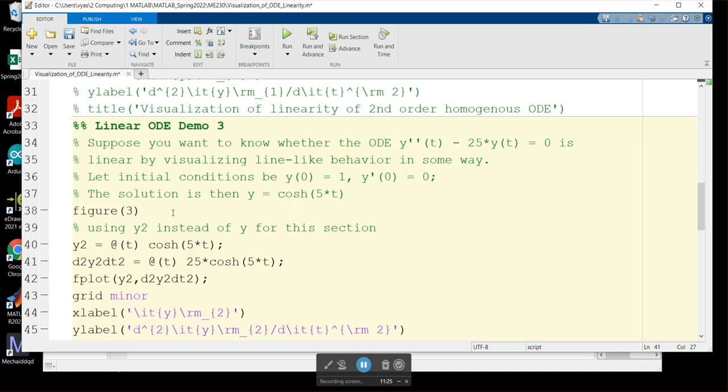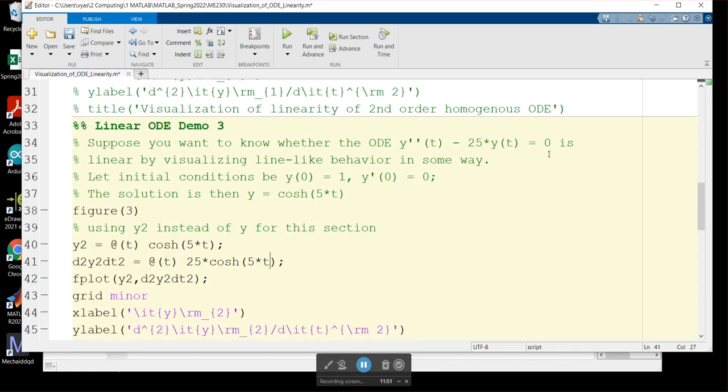And hyperbolic cosine is a solution to this with this initial condition. Just like before, if I plot y of t on the horizontal axis and y double prime of t on the vertical axis, I should get the equation of a line. Because there's a negative 25 here, I'll get a line with a positive slope of 25. Think of this as y minus 25x equals 0.